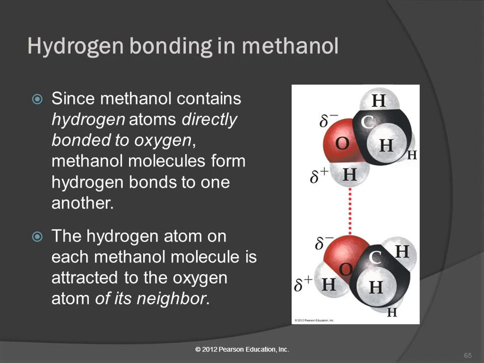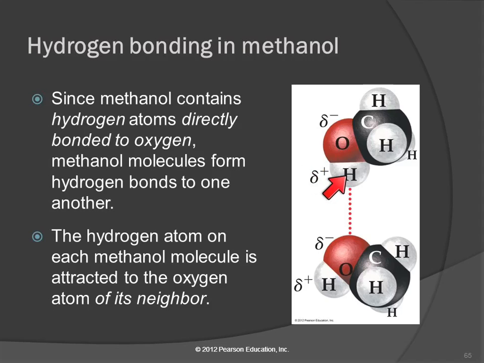So methanol has hydrogen bonding. In methanol, we have hydrogen bonded to oxygen. They have to be bonded to each other. It's not enough to just have oxygen in the compound somewhere and hydrogen in the compound somewhere. The phone home thing: it has to be fluorine-hydrogen, oxygen-hydrogen, or nitrogen-hydrogen bonded together.